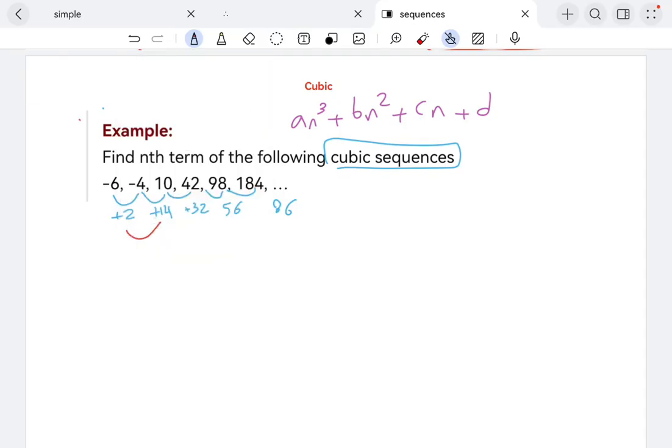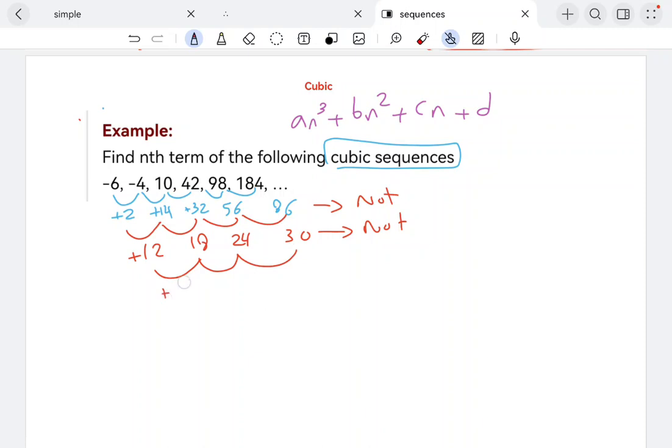So now, from 2 to 14 is plus 12. From 14 to 32 is plus 18. From 32 to 56 is plus 24, and from 56 to 86 is plus 30. The second difference is not common, so we need to check the third one now.